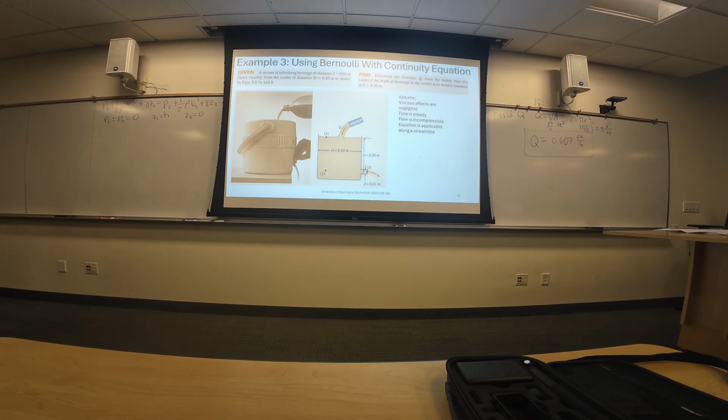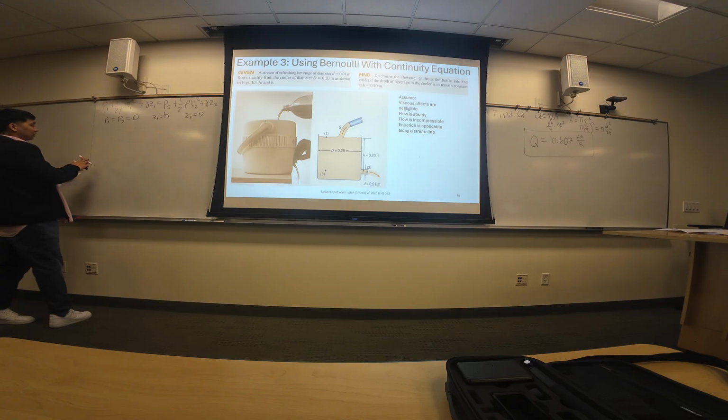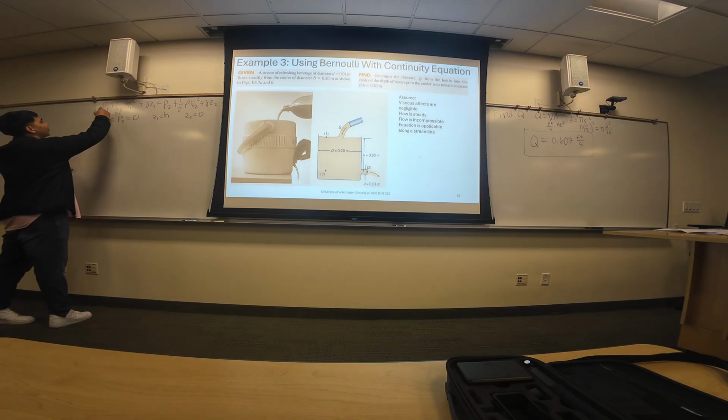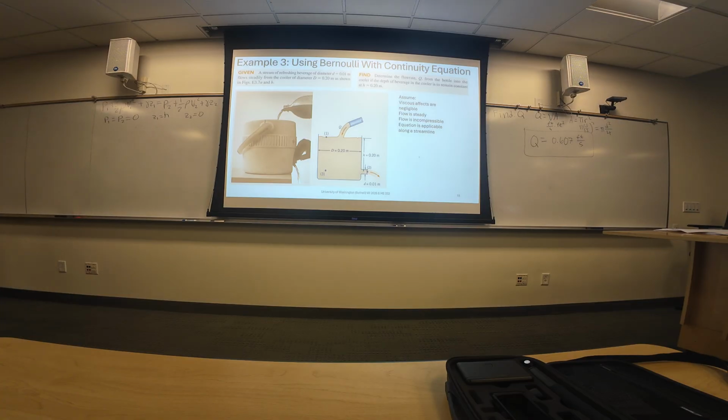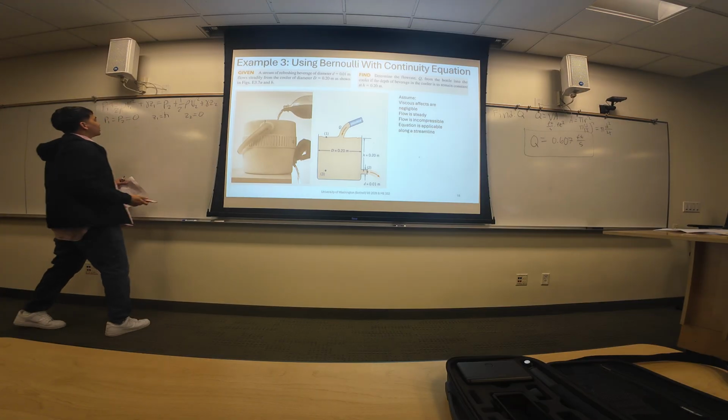So I think that's all our assumptions. We'll start getting rid of some stuff. We have pressure 1, pressure 2. Z2 is equal to 0, that can go away.